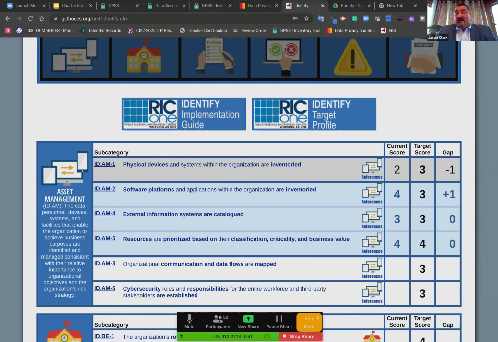And then the NCSR, if that were ever to be made mandatory, would be the Regents exam at the end of the year, your final exam, where you would take these notes and plug them into that exam. None of that is official or in place right now, but I do see a trend towards some sort of reporting around NIST.